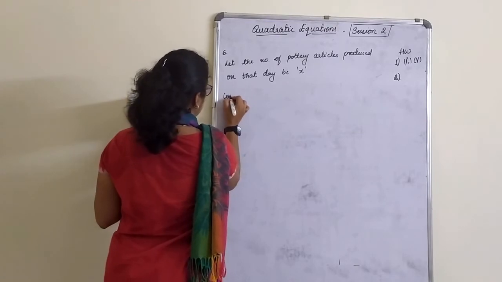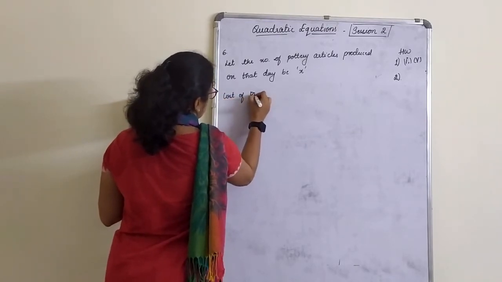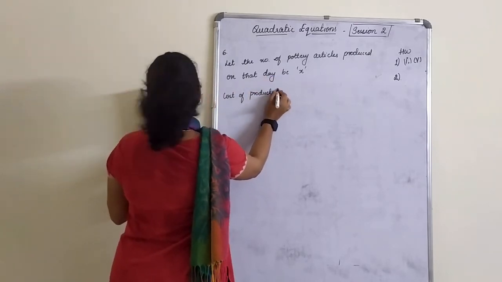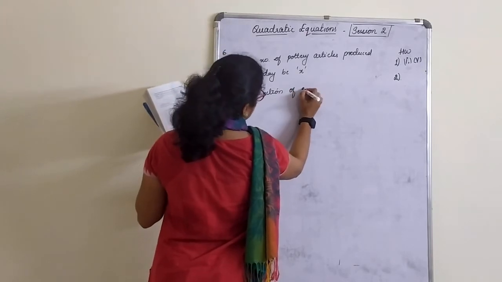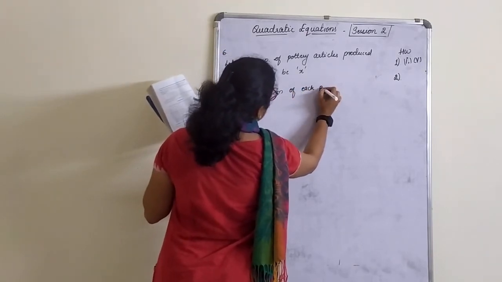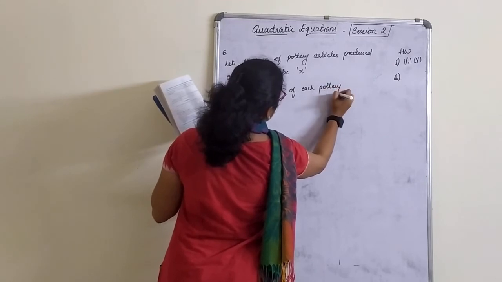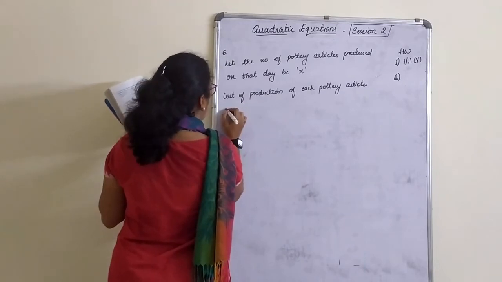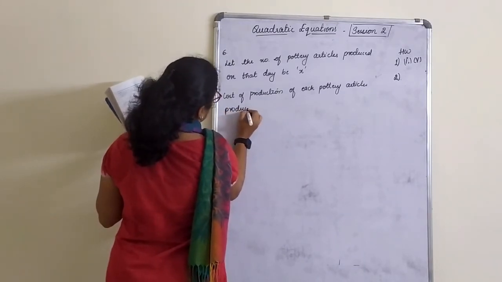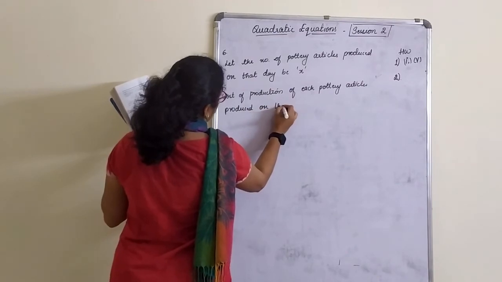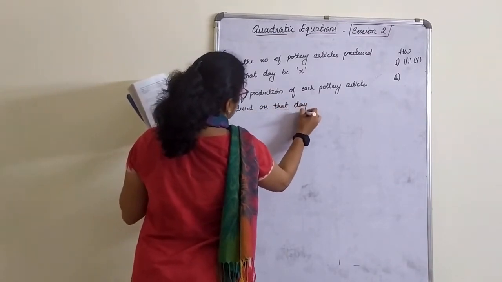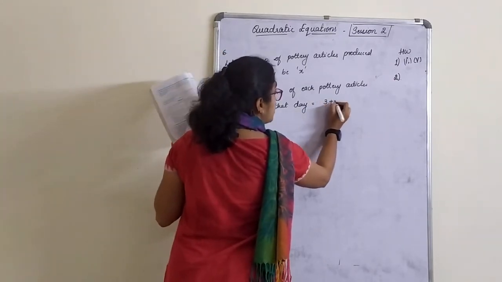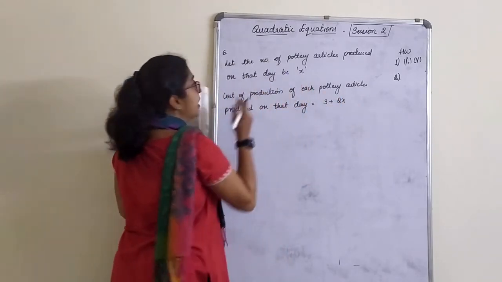Cost of production of each pottery article produced on that day is rupees 3 more than twice the articles produced.